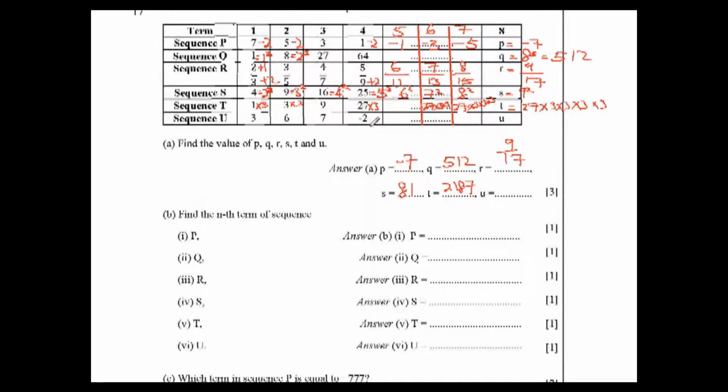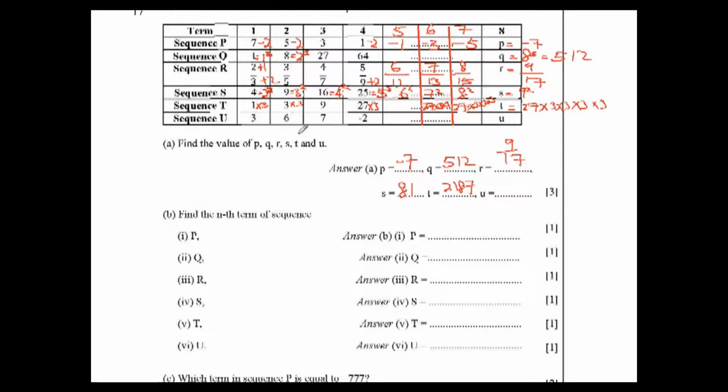For sequence U, it seems like it is not a proper sequence, but when we compare the values of sequence U with sequence S and sequence T, we can figure out the pattern. For example, the first term in sequence U is 3, and 3 is equal to the difference of the first terms of sequence S and sequence T. So 3 is equal to 4 minus 1.